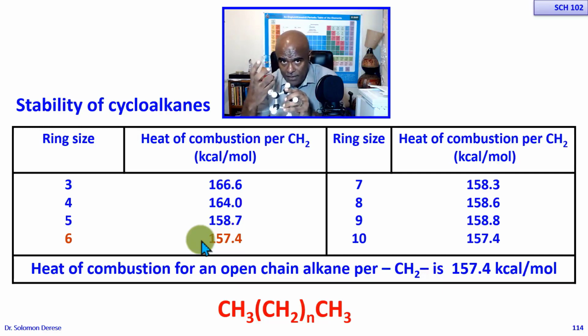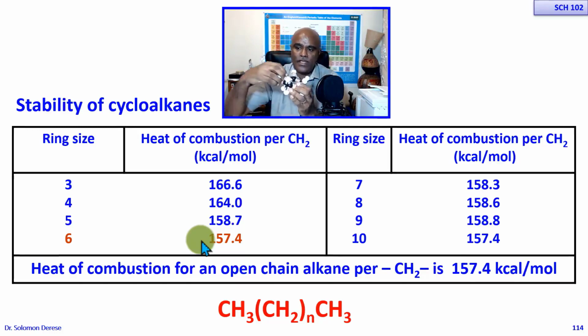One of the reasons, as we have seen, why cycloalkanes undergo conformational change is to get rid of the strain that comes as a result of the electrostatic repulsion of the two carbon-hydrogen bonds that are on neighboring carbon atoms.